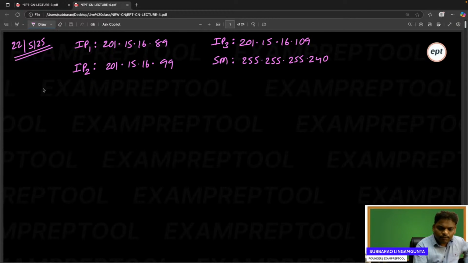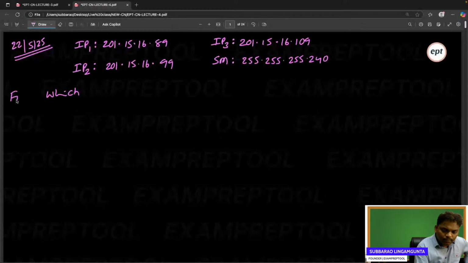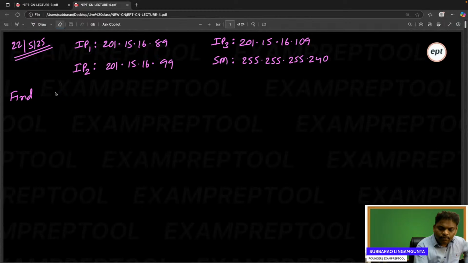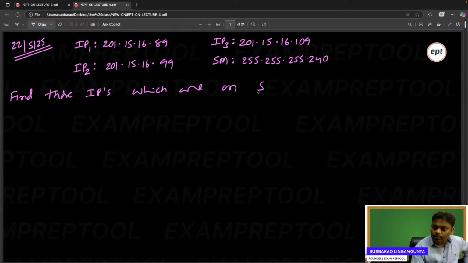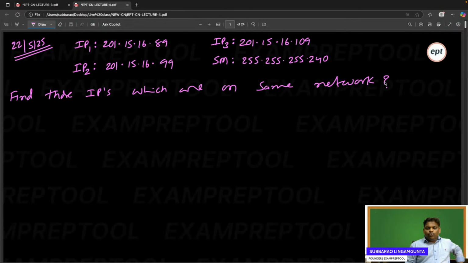Find those IPs which are on the same network. This is the most expected question.